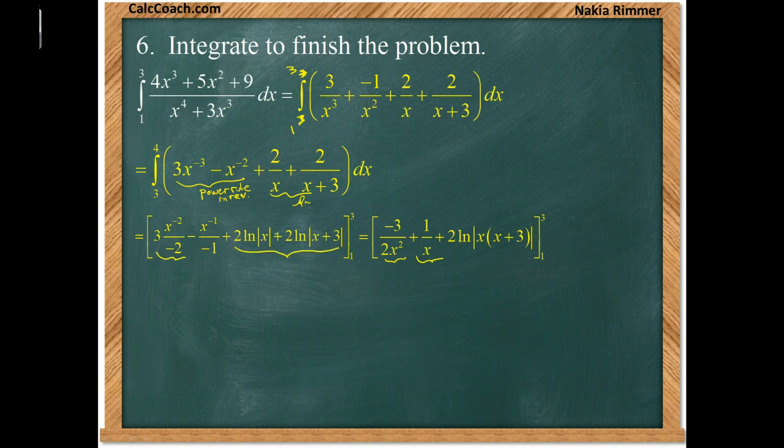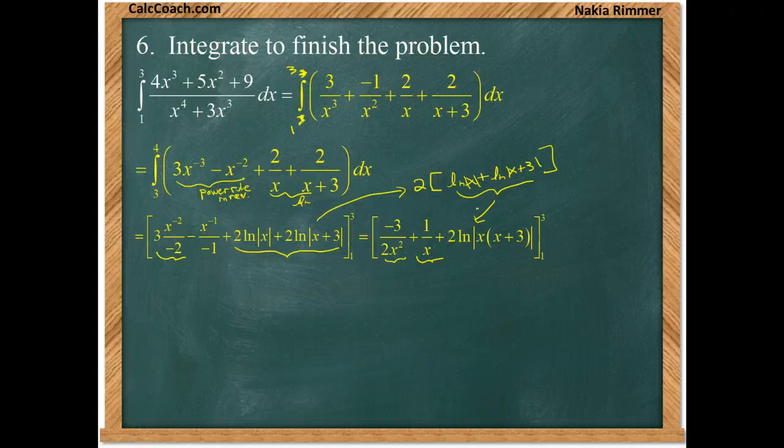Because the coefficients match, what we can do is factor out the 2 and be left with the log of x plus the log of x plus 3. Technically inside of absolute values here. And so what we could do is put them together by multiplication, and that's what we get here. x times x plus 3 in one log. It'll make things easier for us.